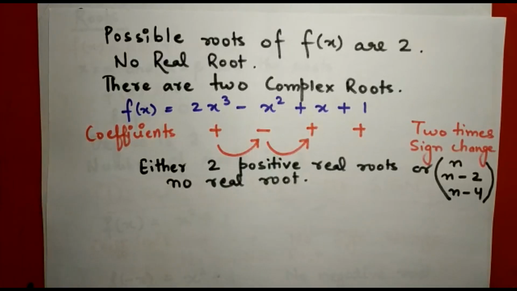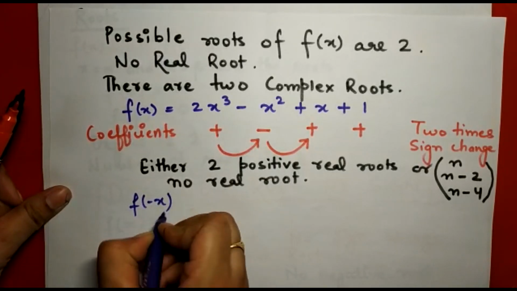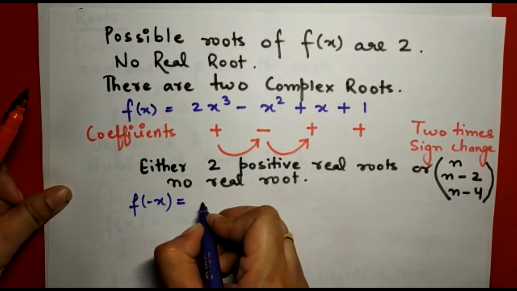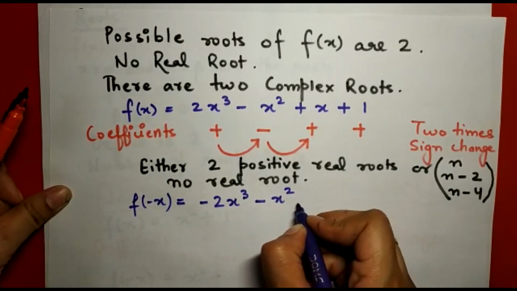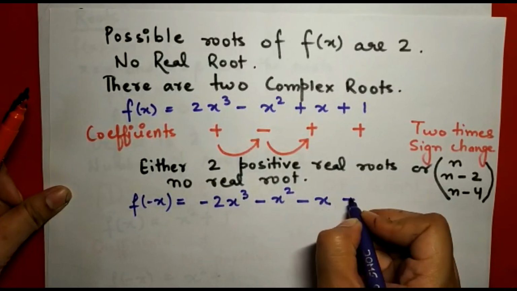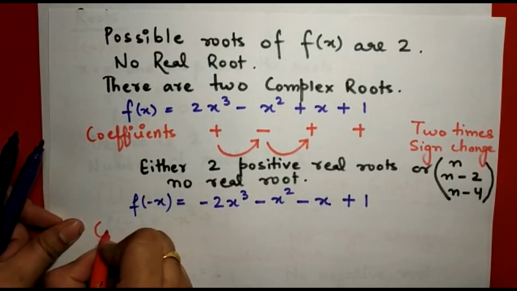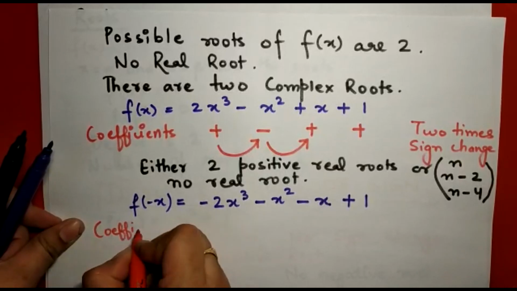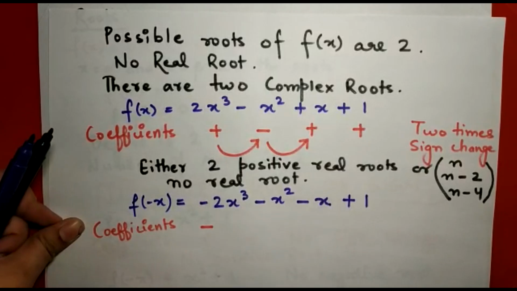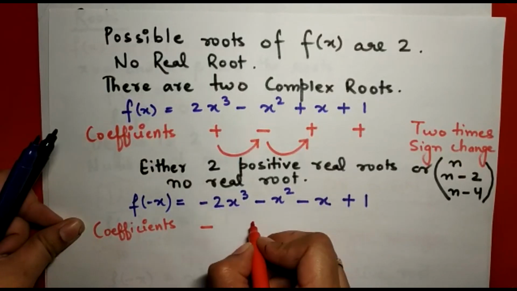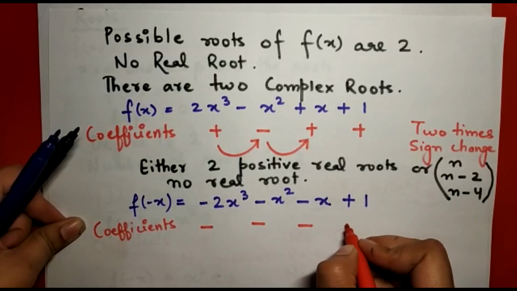Now I will come to f of minus x. For negative x, what is my polynomial? Minus 2x cube minus x square minus x plus 1. So the coefficients are negative 2, then minus 1, again negative, then minus 1, negative, then plus 1, positive.